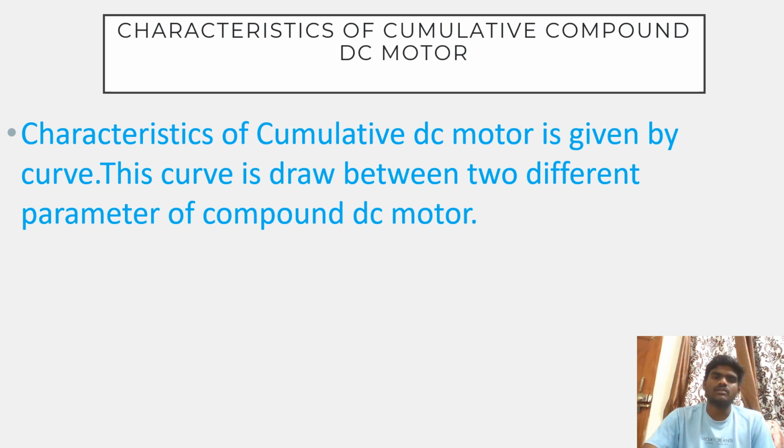Now the characteristics of a cumulative compound DC motor. The characteristics are given by curves drawn between two different parameters of the compound DC motor.